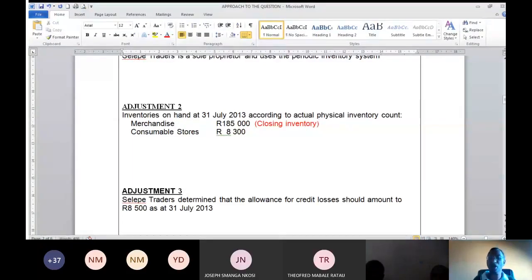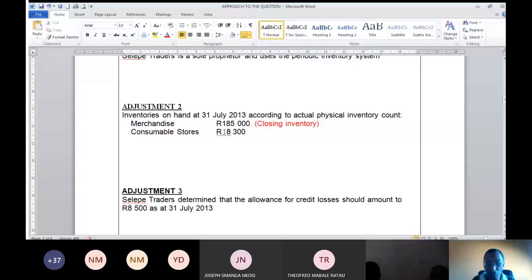You know, when we must do our cost of sales calculation, you still remember that story about cost of sales? Cost of sales is equal to the opening inventory plus the purchases plus all the other expenses that you may incur in getting the stock to you, like carriage on purchases or railage on purchases or freight on purchases. All of those expenses minus the closing inventory. So now in your second adjustment, they give you the amount of closing inventory.